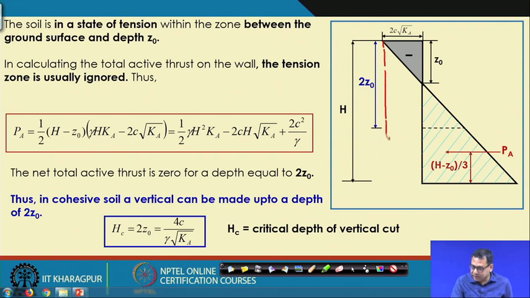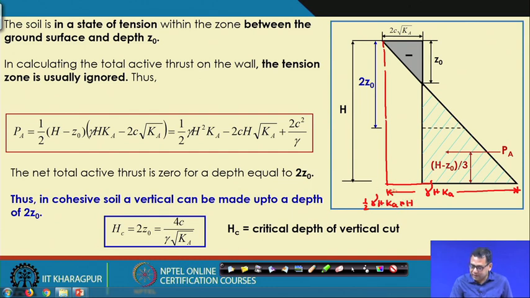This is the rectangle I am taking, and this total soil is nothing but this is your H, and this total one is nothing but gamma into H into K A. And this one is 2 c root K A. Now if I consider this portion also, then this triangle is half gamma h into K A into h.